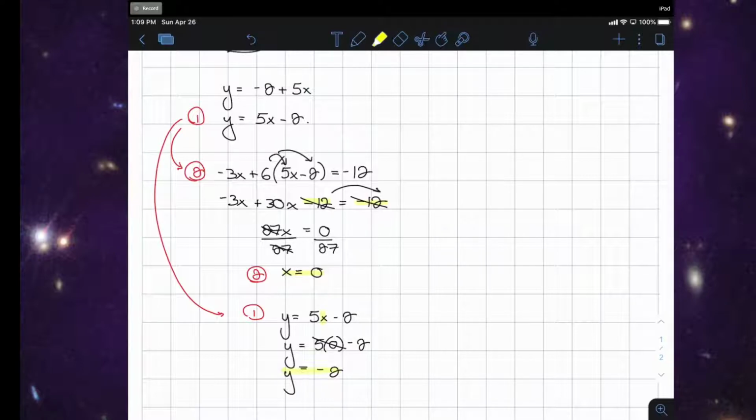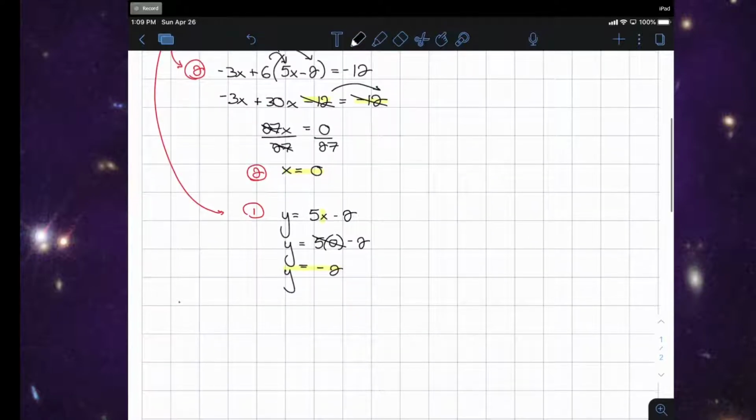And so my answer is, therefore, the solution of the linear system is (0, -2). Okay, so x is equal to 0, y is equal to -2. And that's it for that question.